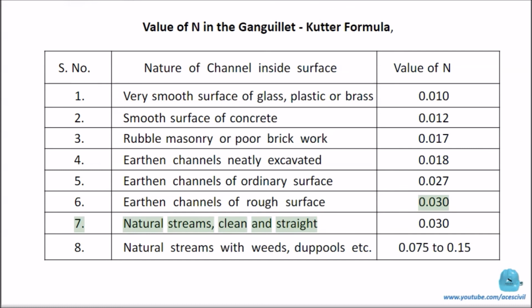Natural streams, clean and straight, 0.030. 8. Natural streams with weeds, ripples etc., 0.075 to 0.15.